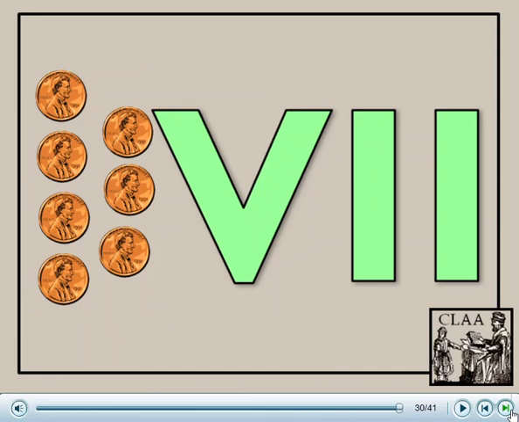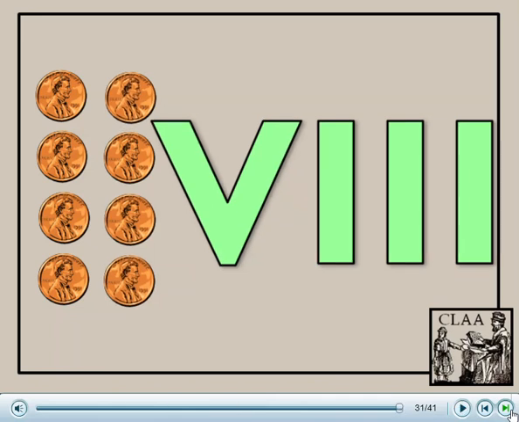The Latin for the number 7 is septem. Unus, duo, tres, quatuor, quinque, sex, septem. Latin for the number 8 is octo.